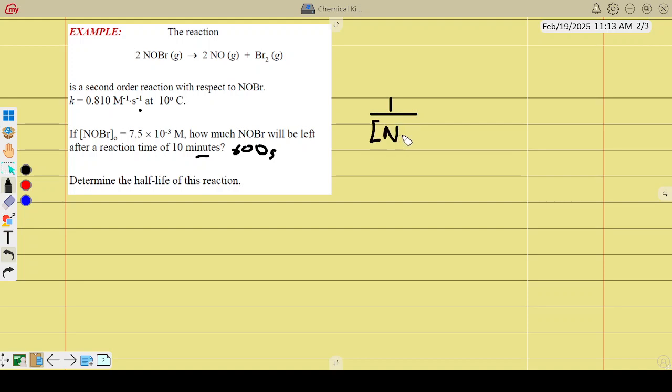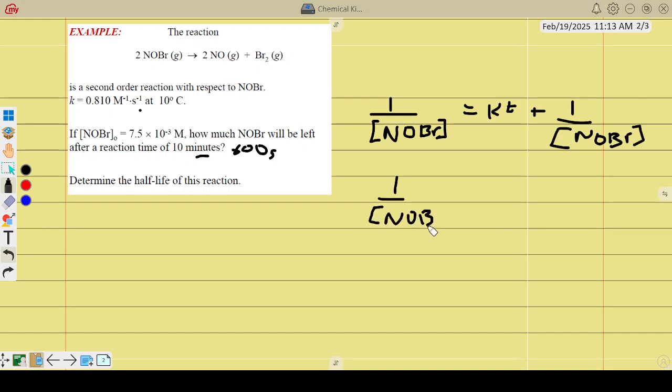So we have 1 over nitrosyl bromide is equal to KT plus 1 over the initial concentration of nitrosyl bromide. So to find this final concentration, we have 1 over this, and then it's equal to the rate constant.